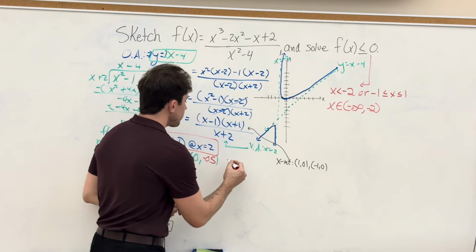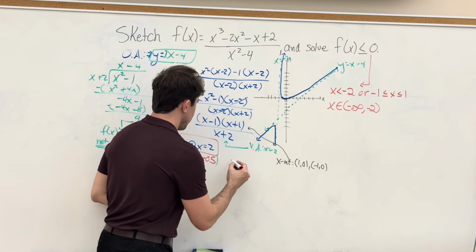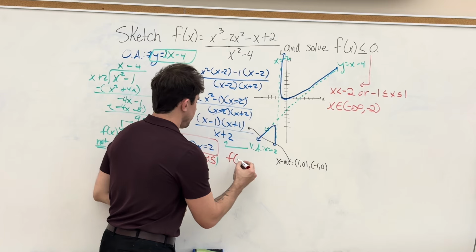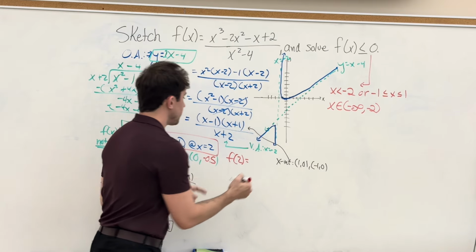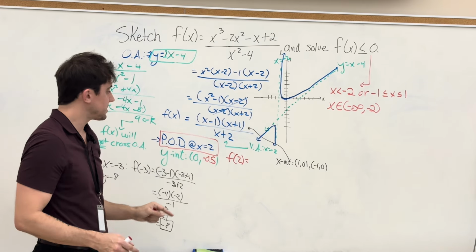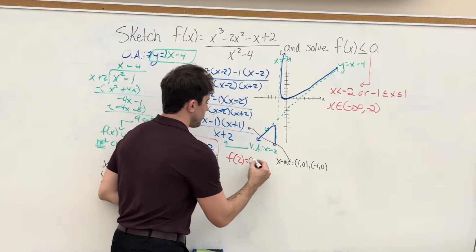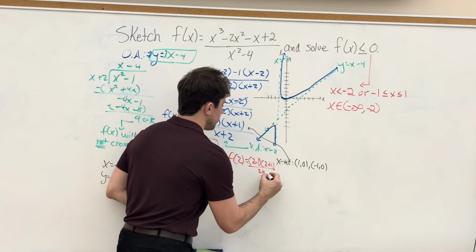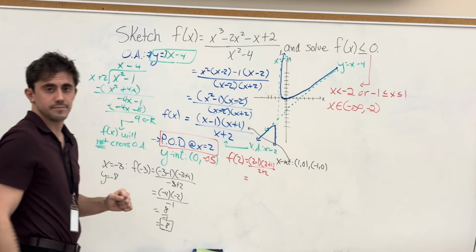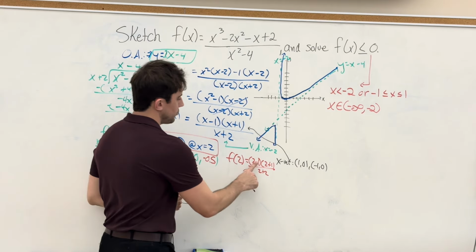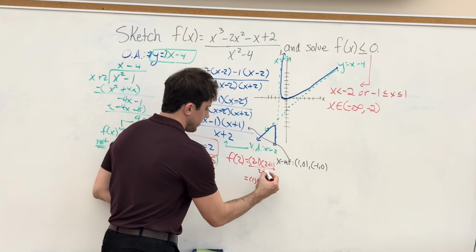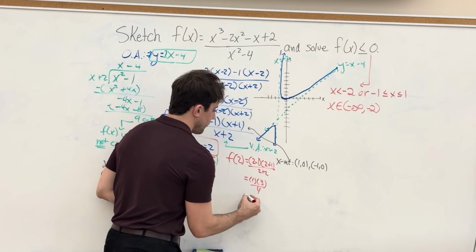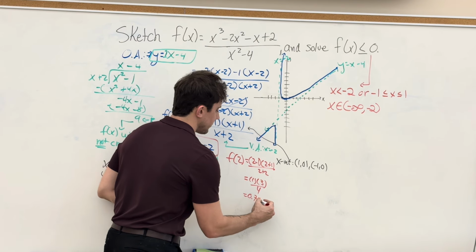We have to plug it back into this simplified version of f of x. And so let's find where that P.O.D. actually lies. F of 2 is going to be, let's plug into this simplified expression. And so we're going to have 2 minus 1 times 2 plus 1 over 2 plus 2, right? And that means 2 minus 1, that's 1 times 3 all over 4, which is 0.75.